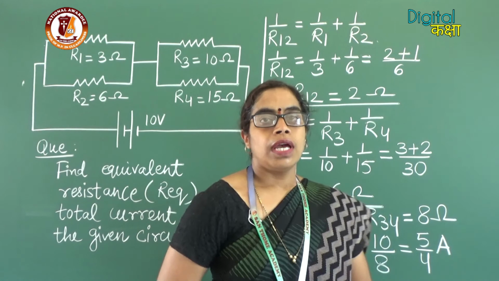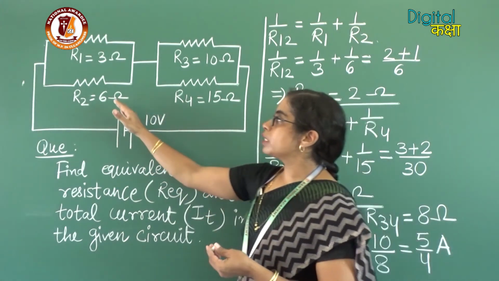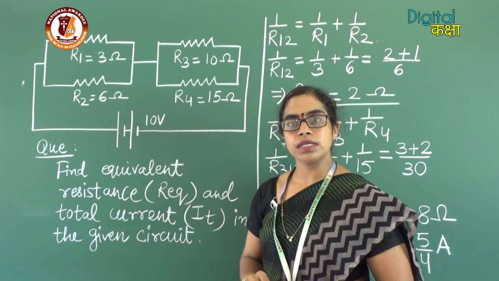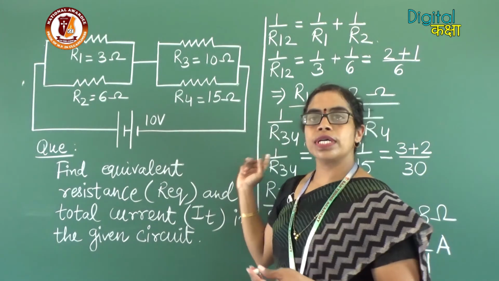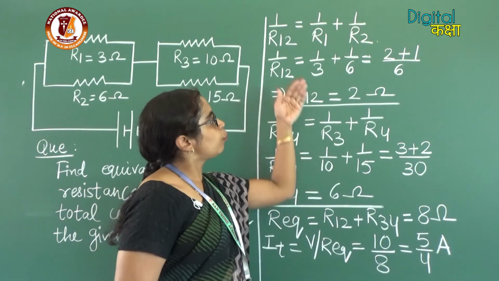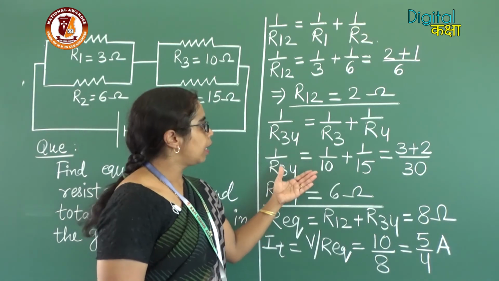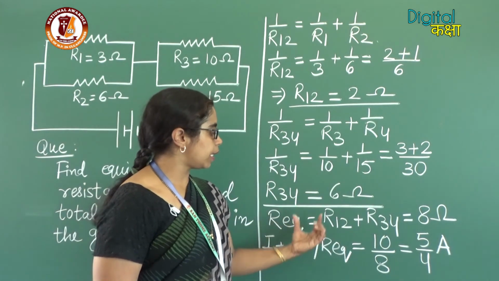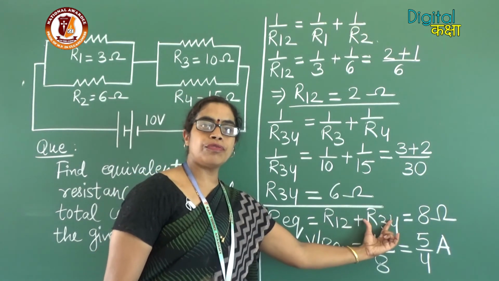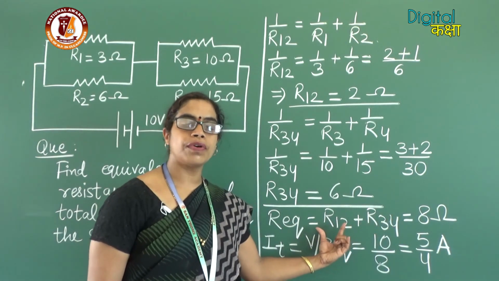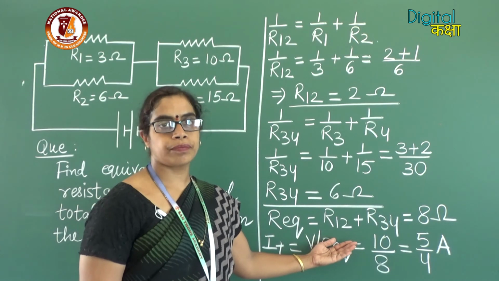So this way, in this question of the mixed combination of the resistors, in the first two steps we have applied the formula and the concept of the parallel combination, and then we have added R12 and R34 using the concept of series combination.